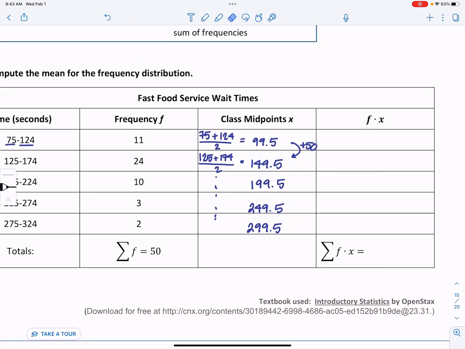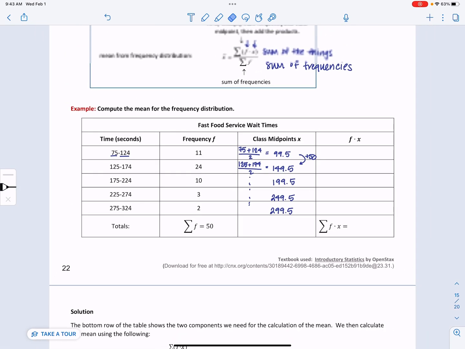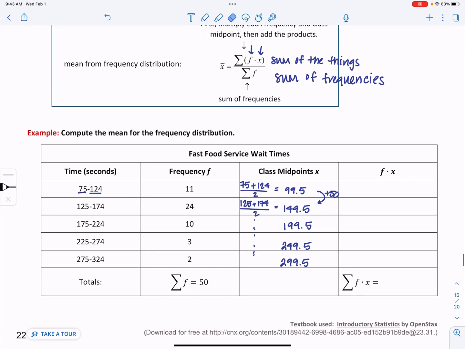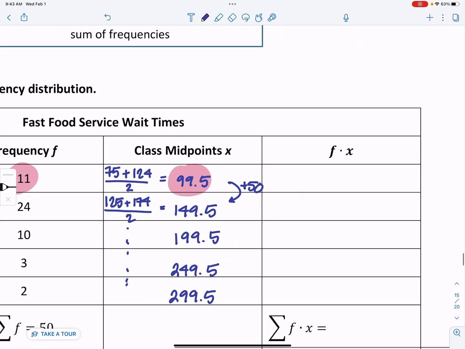Now I'm going to calculate frequency times class midpoint. So I'm going to multiply 11 times the midpoint. I'll write it out for the first one. And I get 1,094.5.